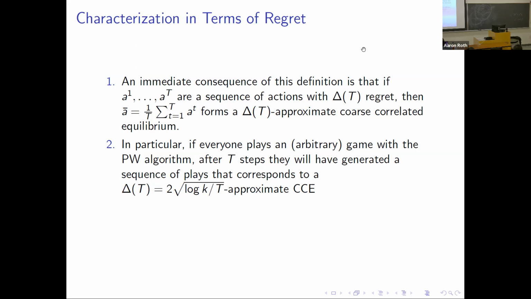Okay, so we have a very fast dynamic converging to coarse correlated equilibria in arbitrary games. In particular, it has no dependence at all on the number of players. And it only has a logarithmic dependence on the actions.